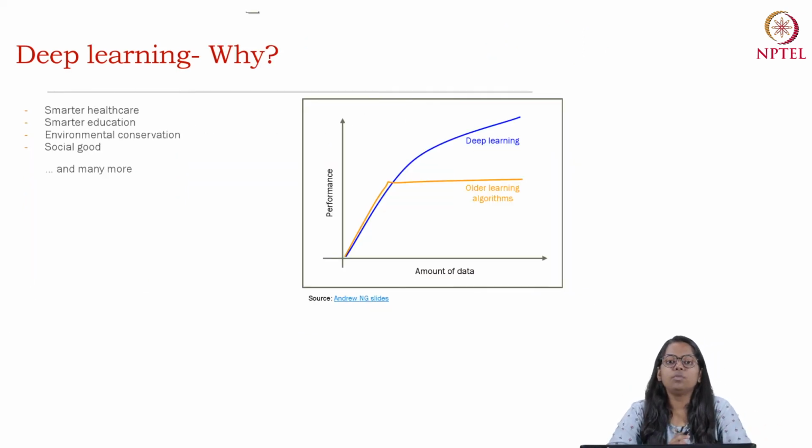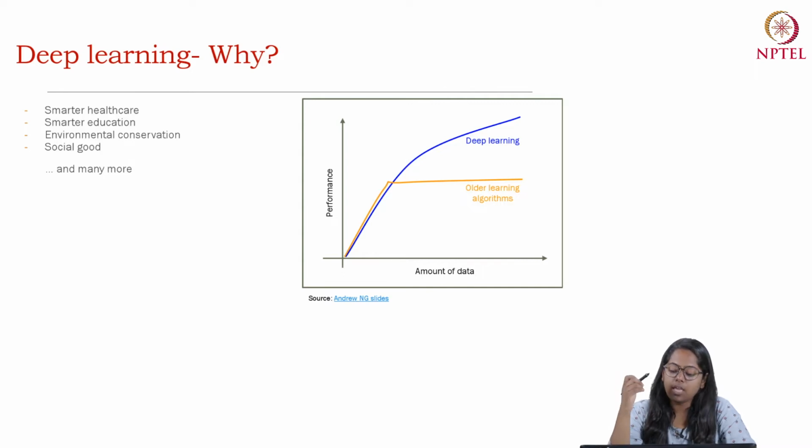Now, we know what deep learning is, but why is it necessary to understand and learn deep learning? We already saw quite a few applications of deep learning, and there are hundreds of more applications where deep learning has become the daily norm.